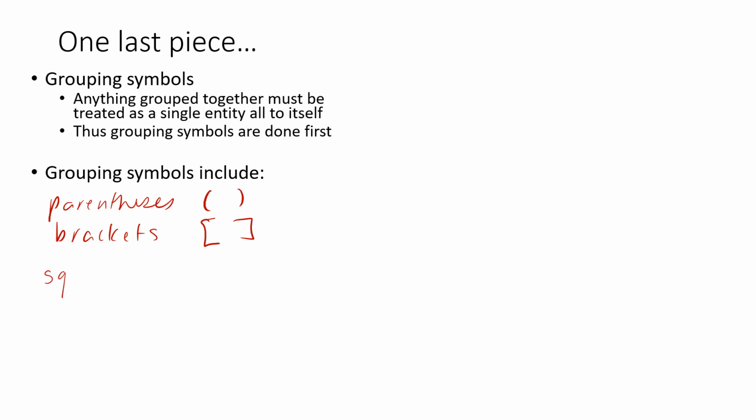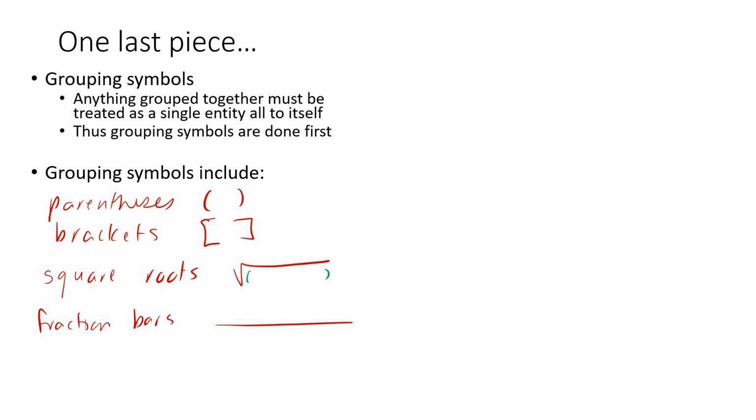Other things, square roots will count as a grouping symbol, meaning anything under that square root is actually grouped together. And in fact, some older model of calculators will open up a square root and then immediately open up a parenthesis under that square root to indicate that it is grouped together. A really common one are fraction bars.